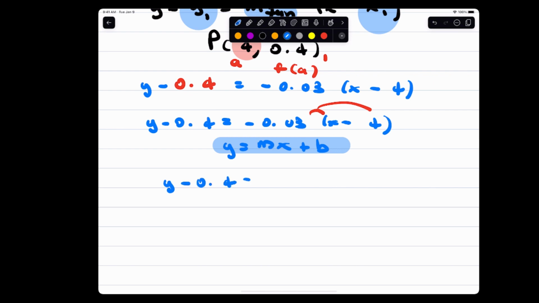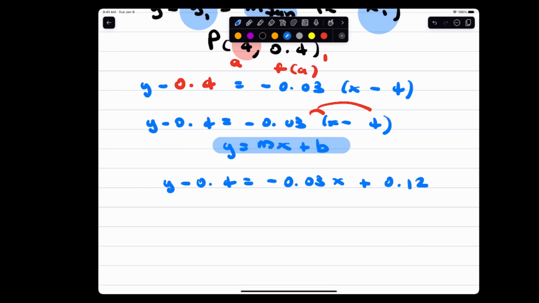Y minus 0.4 is negative 0.03x plus, isn't that minus a minus? Isn't that 0.3 times 4? Do you guys know what that is? Anybody know? Is it 0.12? Double check.